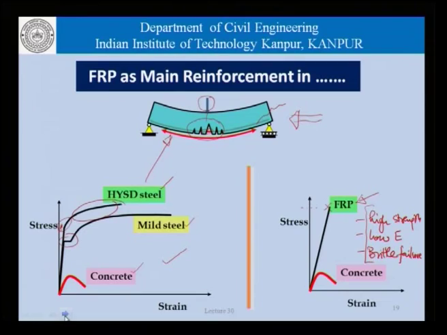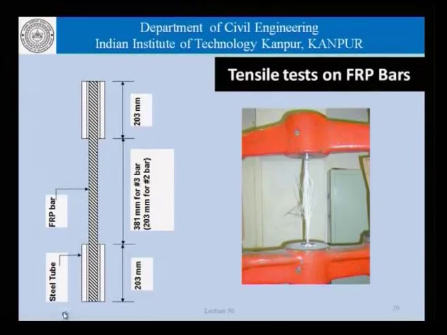Now, before we apply FRPs in concrete construction, we must also understand what different tests need to be carried out in terms of fatigue, creep, relaxation and so on, bond, and then try to study the applications in concrete. This picture here shows the tensile tests on FRP bars.